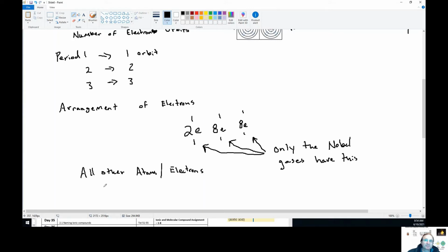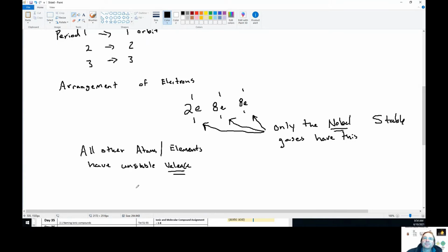All other atoms, elements, not electrons, sorry, have an unstable valence, an unstable outside electron shell. And yeah, they're trying to emulate the noble gases. Noble gases are stable. Everyone else is unstable. And that gives us chemistry.